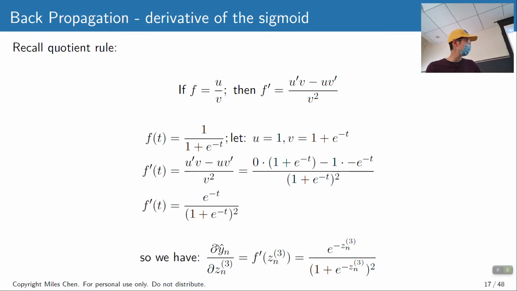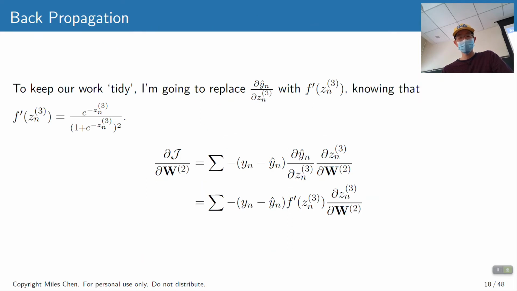So the derivative of the predicted value with respect to the value coming into the activation function, z3n, is going to be this. For notation, we might just leave it as f prime, but we'll keep in mind that f prime represents this function. Is that okay? So where we left off, I'm going to replace this term with f prime of z3 for observation n.